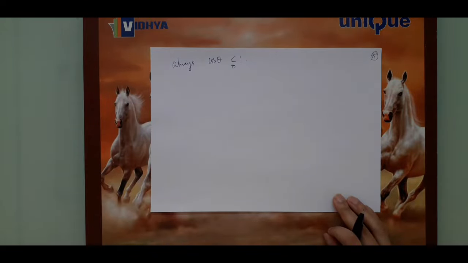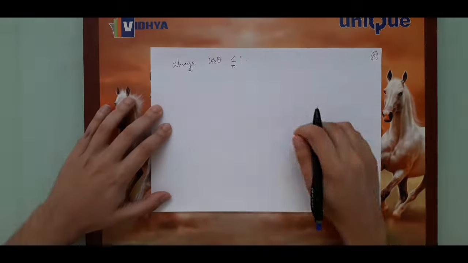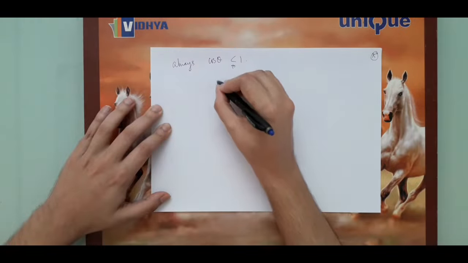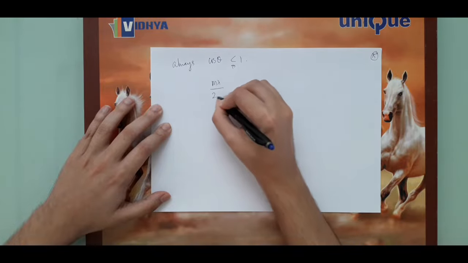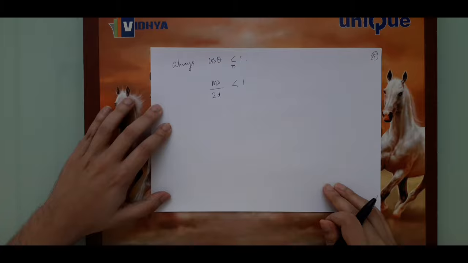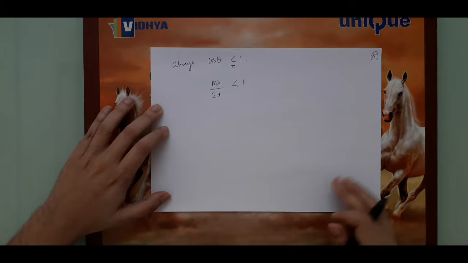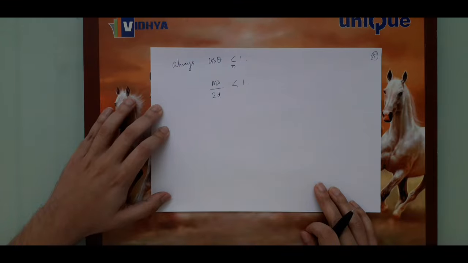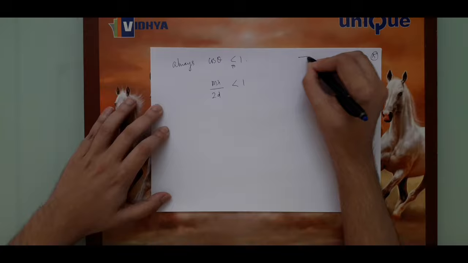So this we had proved, otherwise it will be normal incidence and nothing will happen. So cos theta is nothing but m lambda by 2d, and this should be less than 1. So now let us ask, what is the constraint on the wavelength of the wave which we can make pass for TE?